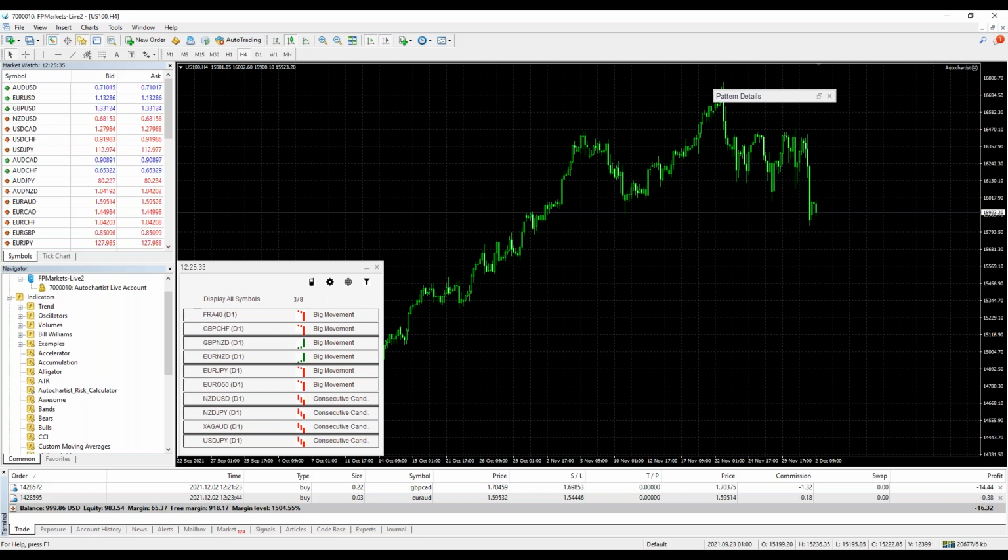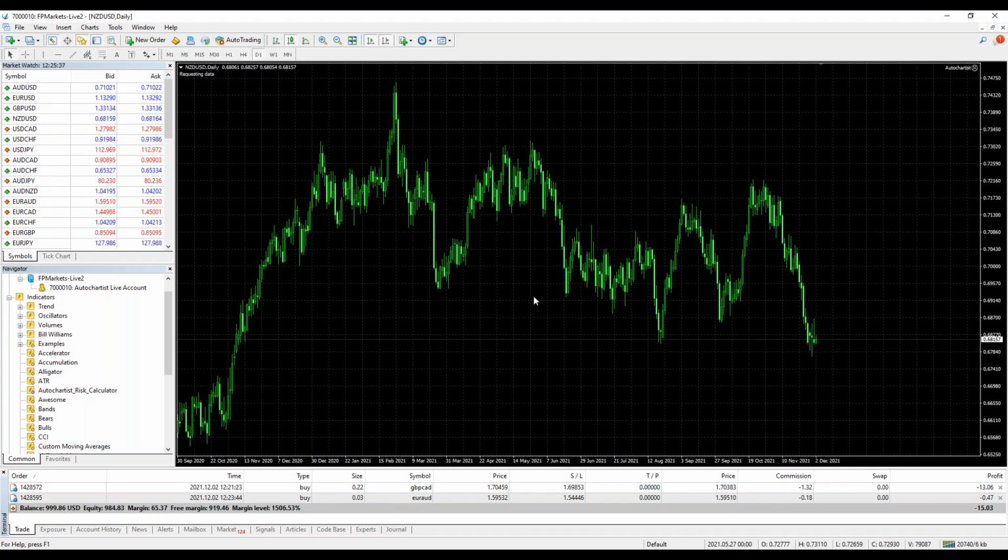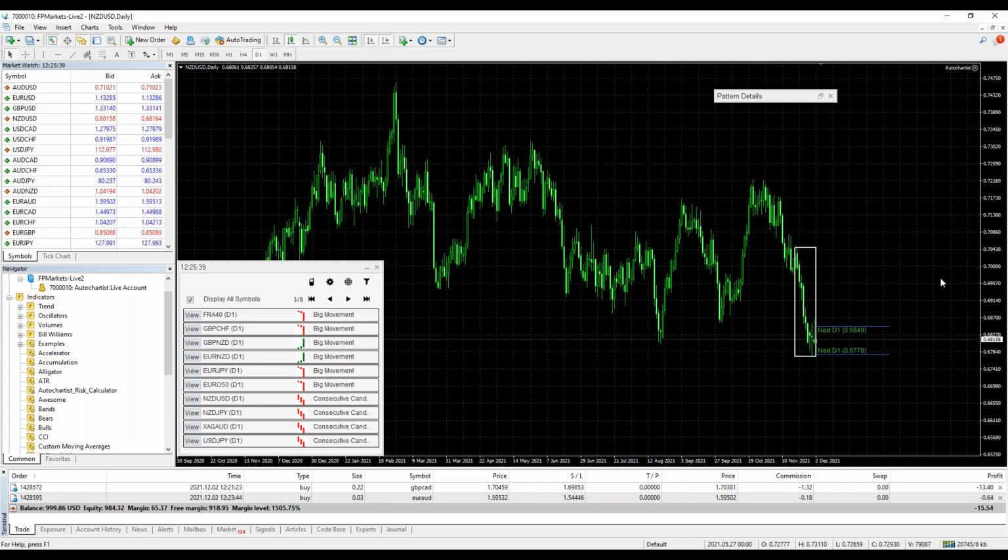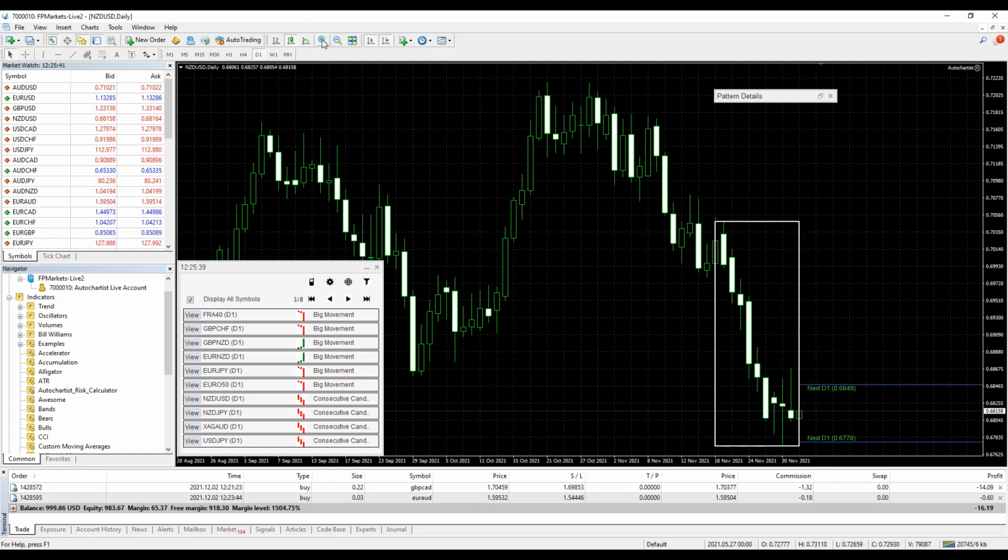Here we go. So what does consecutive candles mean? Consecutive candles means that Autochartist has identified an exceptional amount of consecutive bullish or bearish candles. You can see this example on the Kiwi. There were 1, 2, 3, 4, 5, 6, 7, 8, 9 consecutive bearish daily candles, which is an exceptional amount.